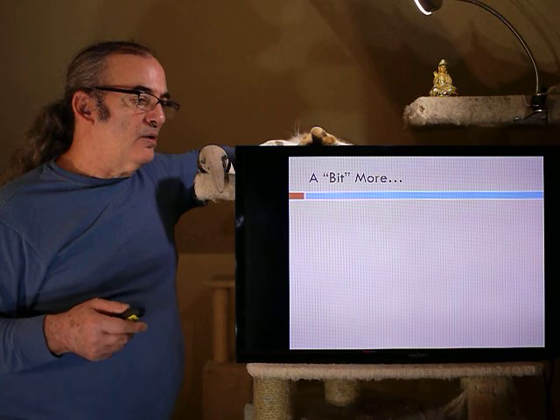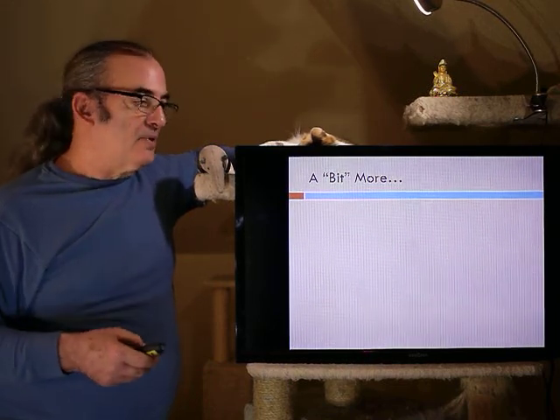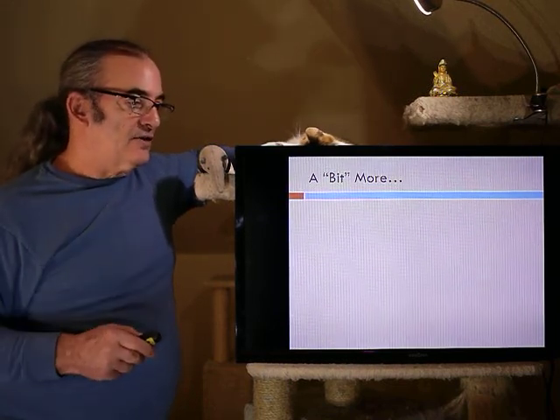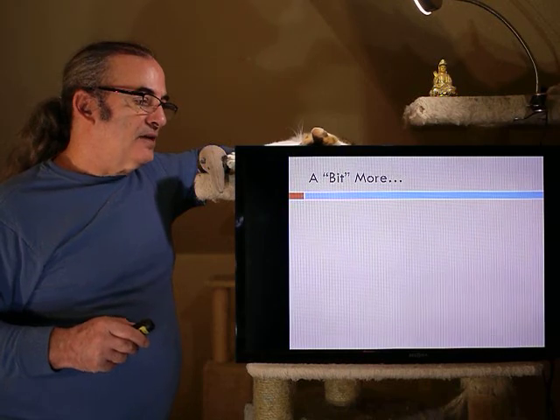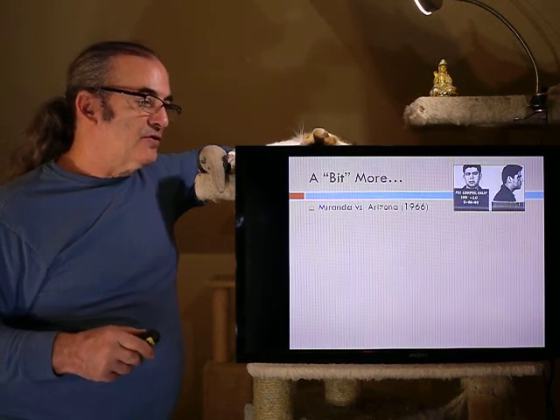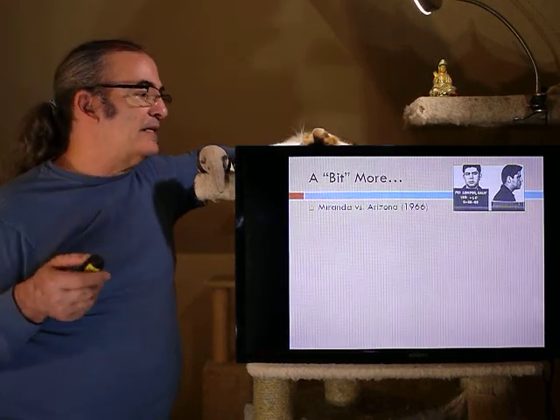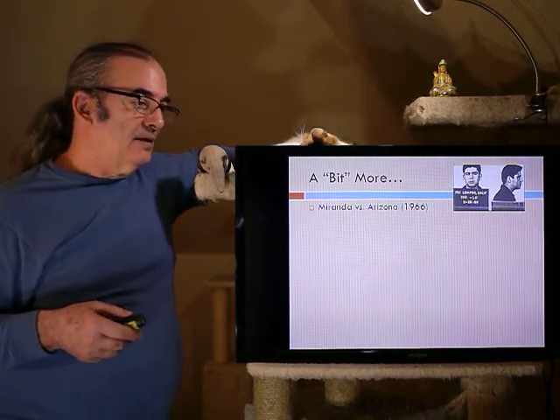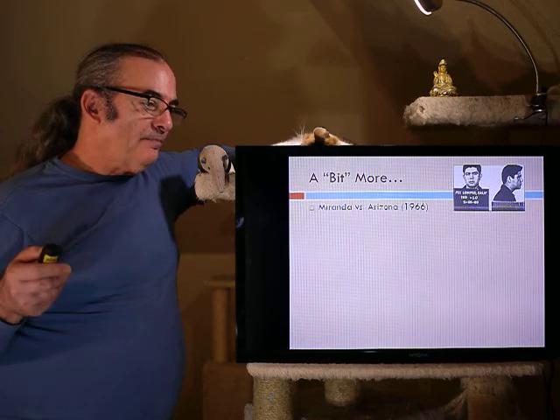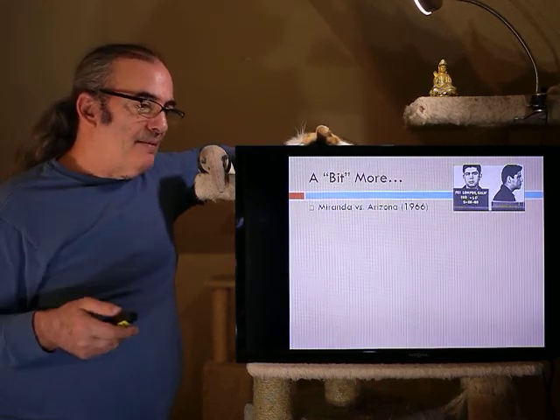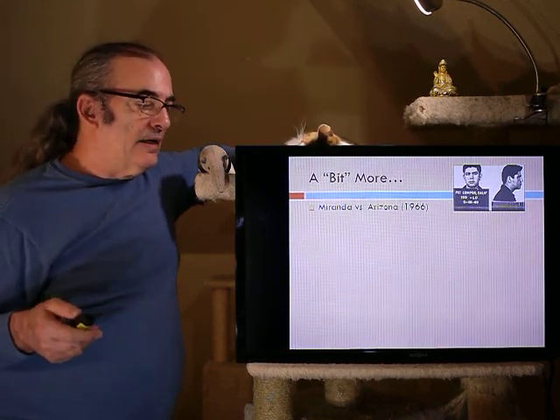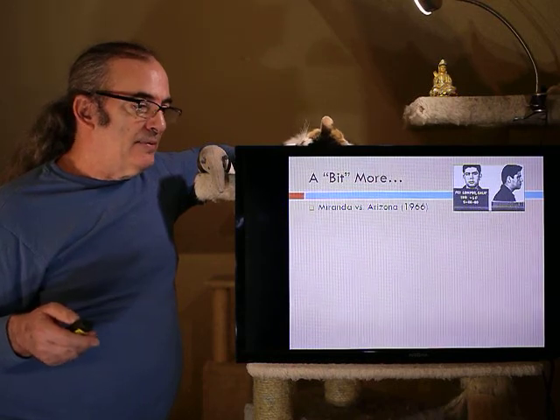Let's talk a bit more that's shifting towards due process, and again, in the early 60s, right? So in this case, we're going to talk about Miranda versus Arizona, and this is probably one of the most famous cases because it was the basis of your Miranda rights. What happened is Miranda was suspected of committing a rape, right?